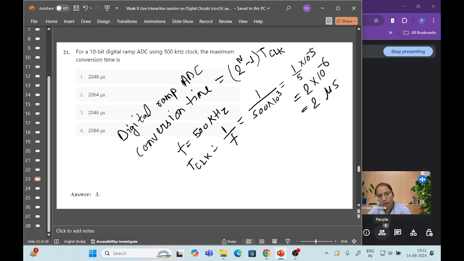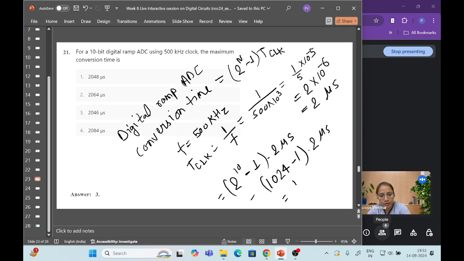Now put in the conversion time formula. So 2 to the power 10 minus 1 into 2 microsecond. The answer is already given in microseconds. So 1024 minus 1 into 2 microseconds.